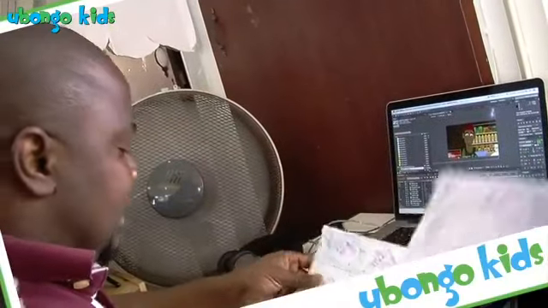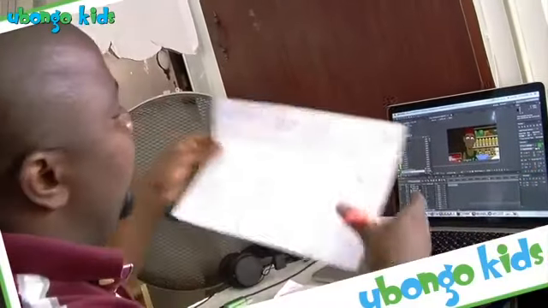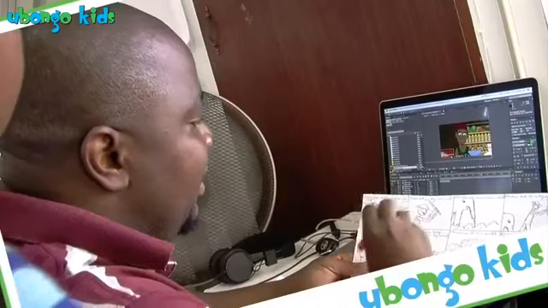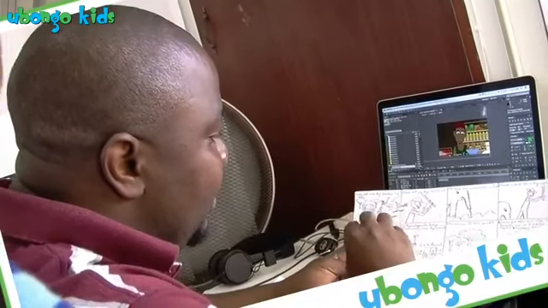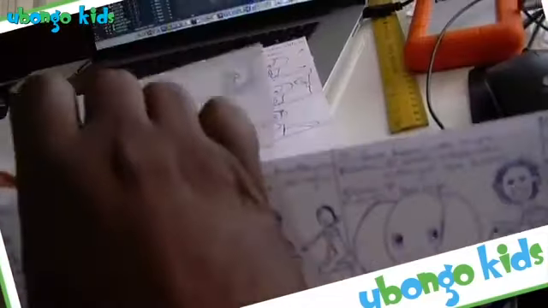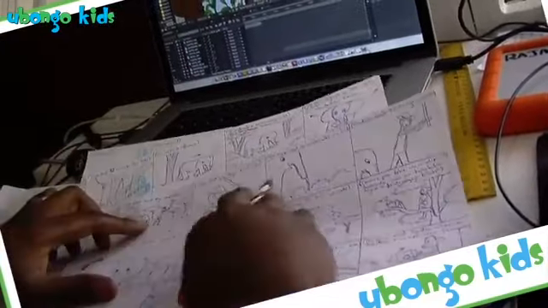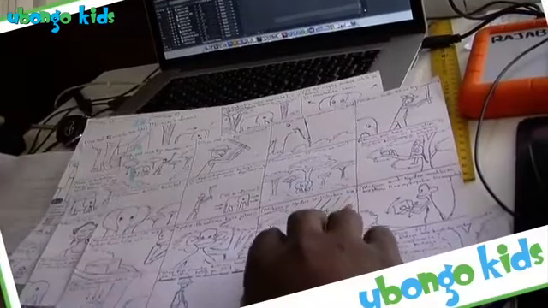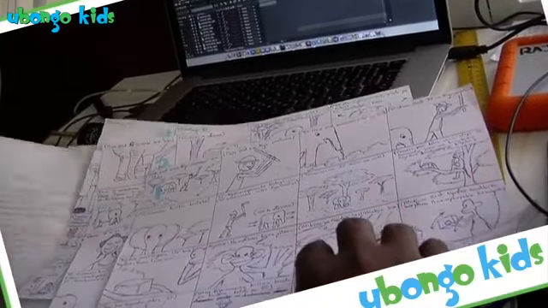These are just like sketches. For example, this one, Mzee Kigo here is digging the farm, which lets the animators know exactly which shots to animate, and the audio, how it goes.